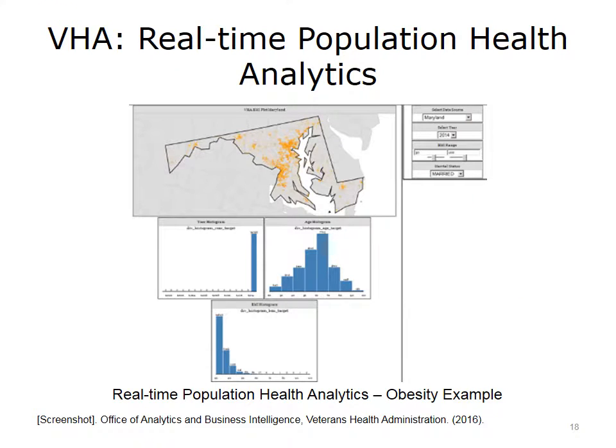This screenshot shows a prototype of a real-time web-based population health analytics platform to analyze the trends of BMI in a given geographical area. The end user will be able to drill down into the overall population and find subgroups of interest in real time.